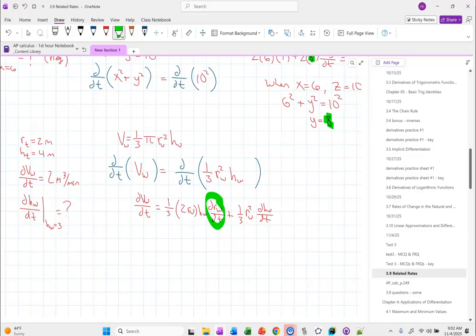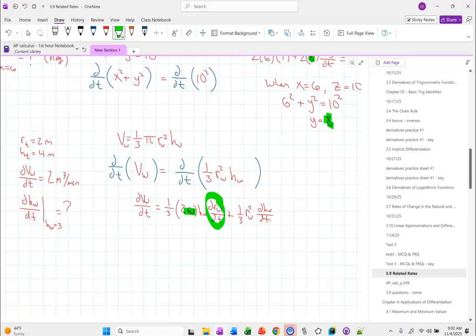If I go and plug things in, sure, I have a quantity for h_W, and I'm looking for dh_W/dt. But I don't have r_W. I don't have dr_W/dt. There's no way for me to get those things from the information I'm provided.